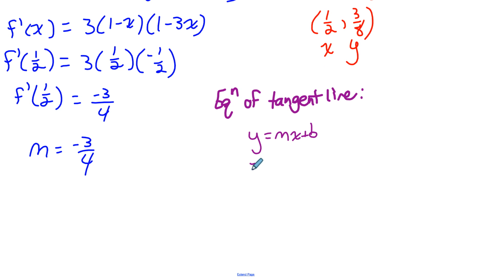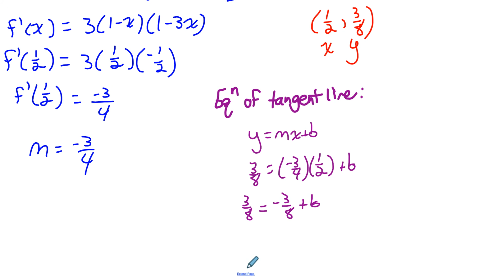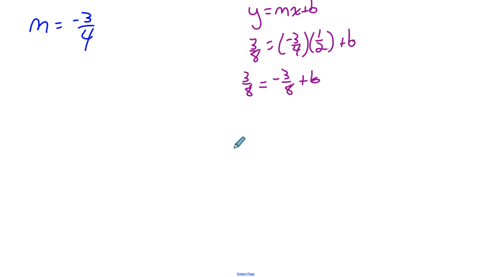The y value of the point is 3/8. The slope of the tangent line is -3/4. And the x value is a half. So I have 3/8 equals -3/8 plus b. If I do 3/8 plus the 3/8, when I add it over, I get 6/8, which is 3/4. So my b value is 3/4.